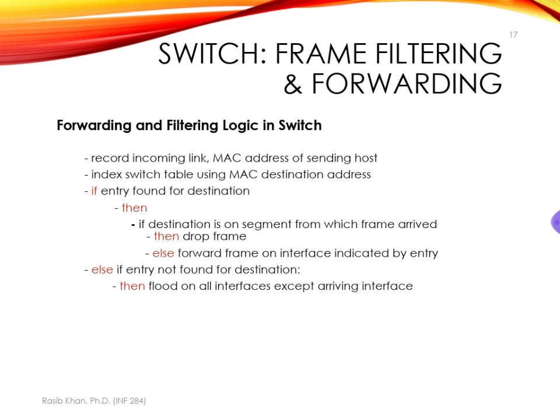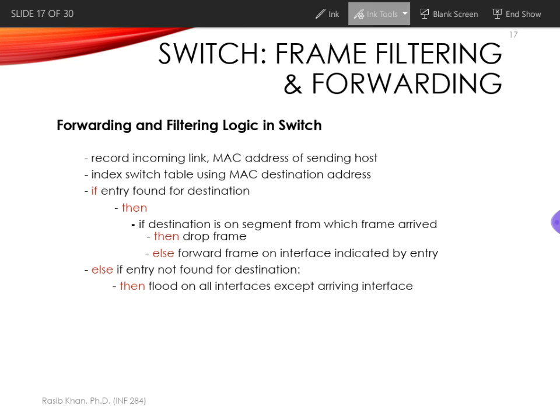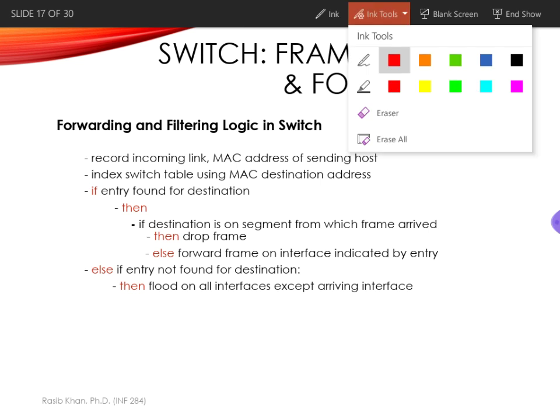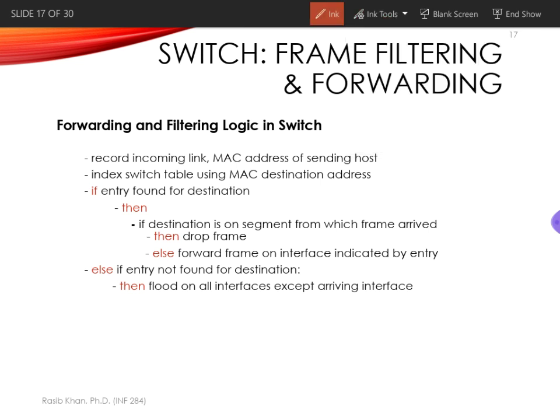So let us look at the basic logic for forwarding a frame. First, when a switch receives a frame, it checks to see if it needs to record the incoming link MAC address.